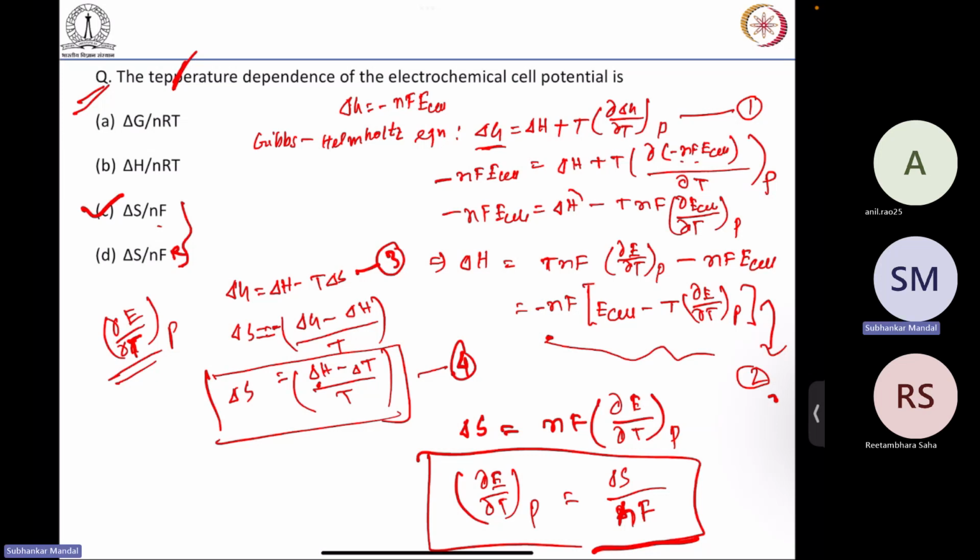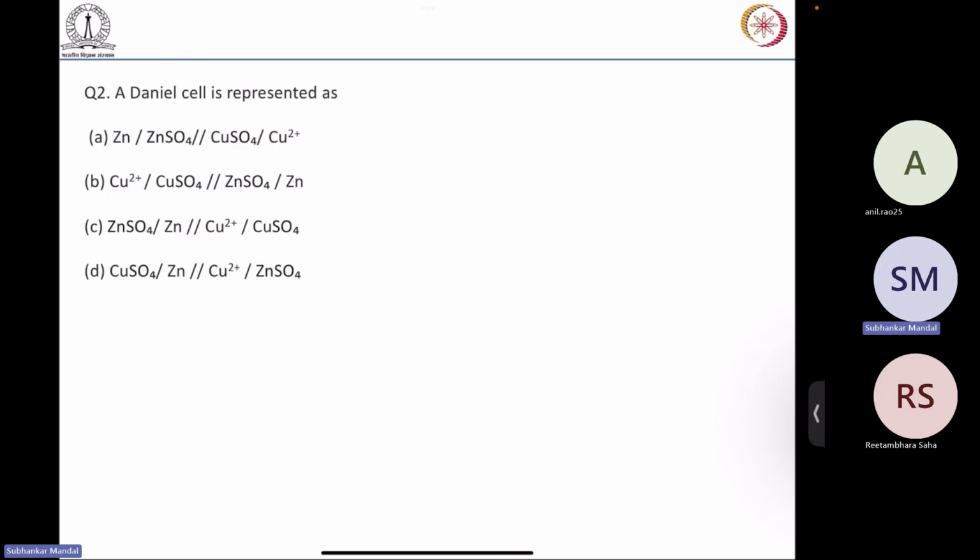Now we can go to the next problem, that is the Daniell cell. So how to represent the Daniell cell? Okay, basically what we have learned is that a Daniell cell is the cell where you have two beakers.